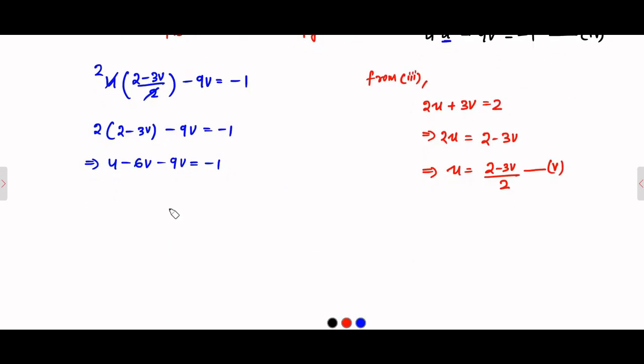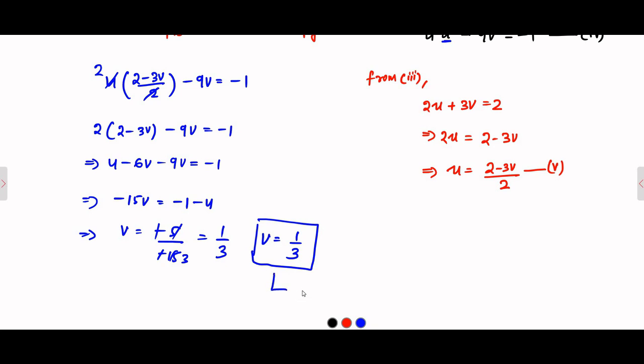That implies minus 15v is equal to minus 1 minus 4. This 4 went to the other side. Implies v is equal to minus 5 by minus 15, which is equal to 1 by 3. So we have got v is equal to 1 by 3.